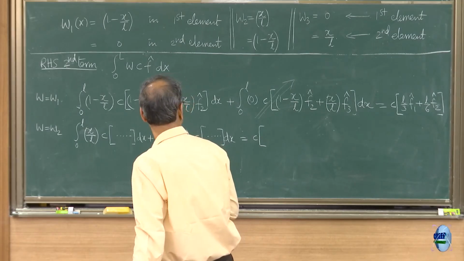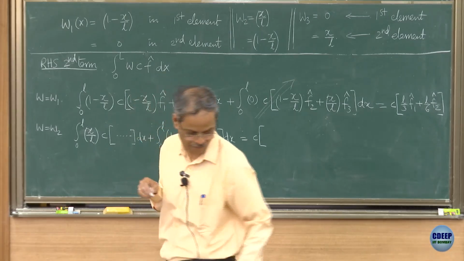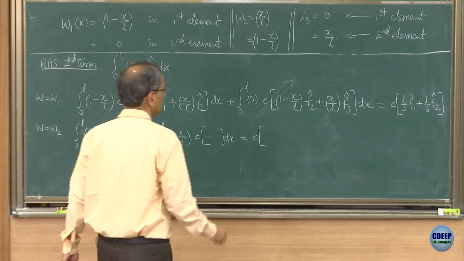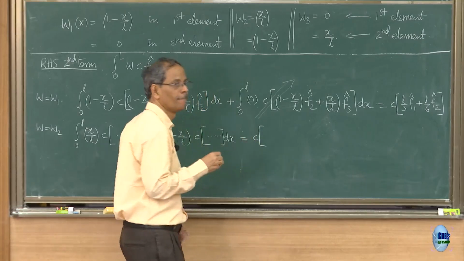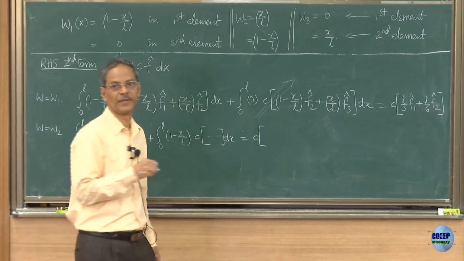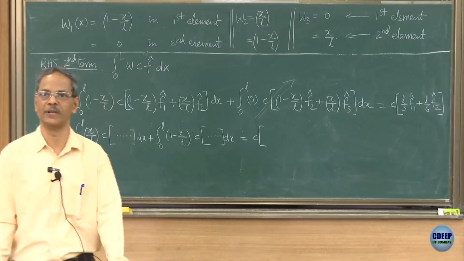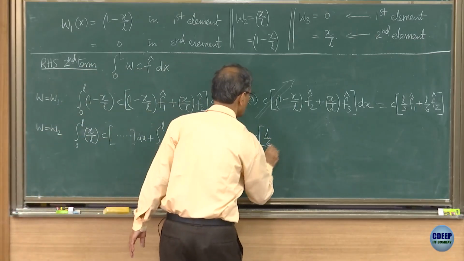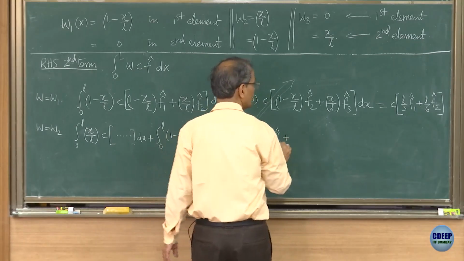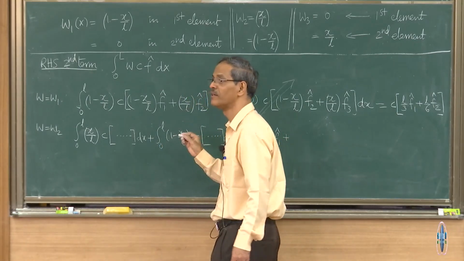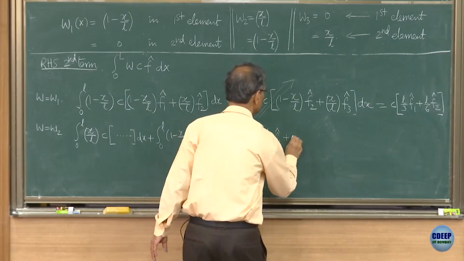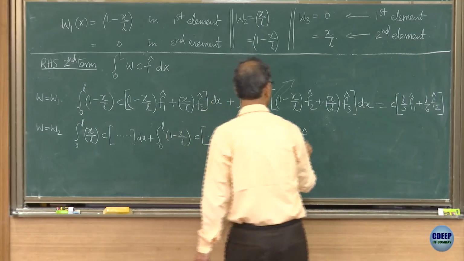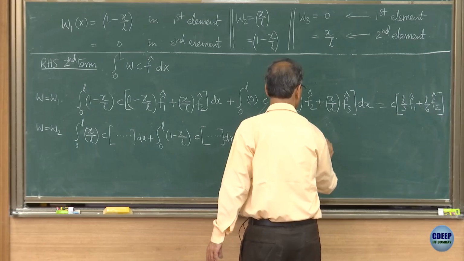C times L by 6 F1 hat plus F2 hat by L by 3. Yeah. Then plus again.